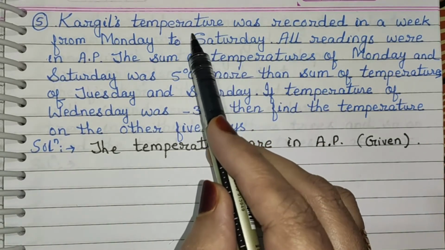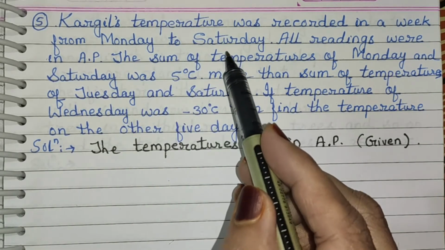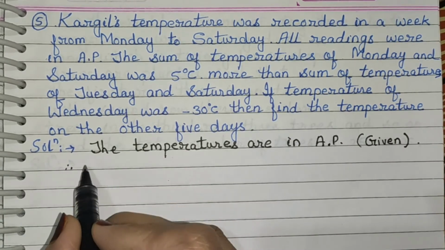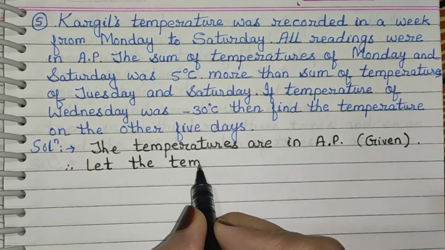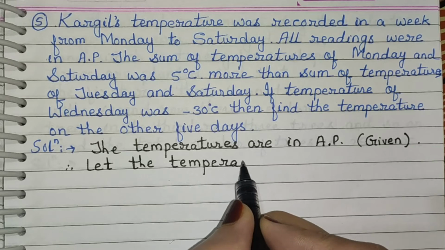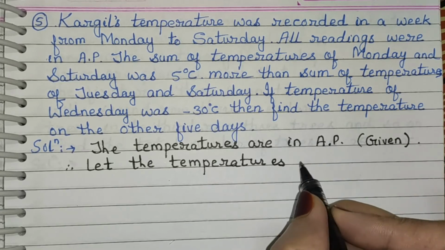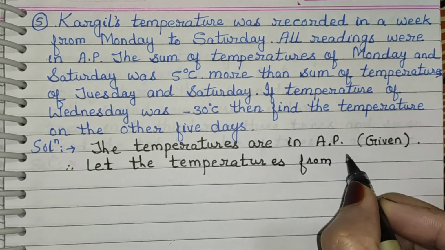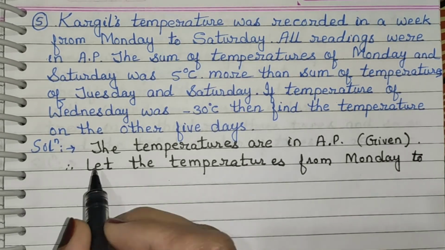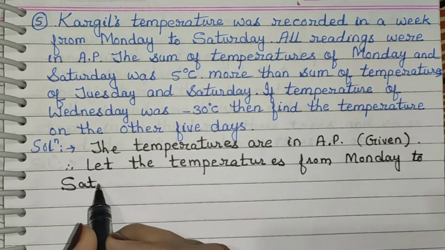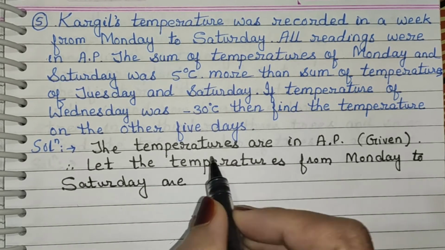Now the temperature was recorded in a week, means from Monday to Saturday. Now total days are 6. Therefore, let us consider, let the temperature in centigrade from Monday to Saturday are.